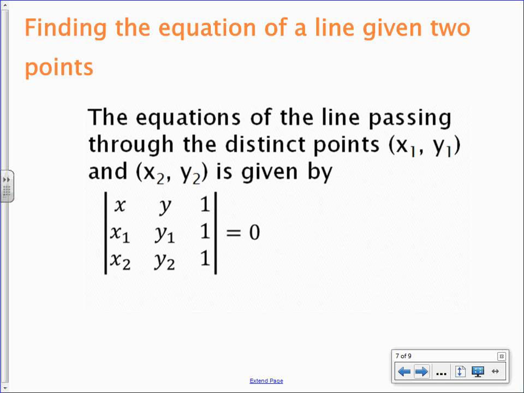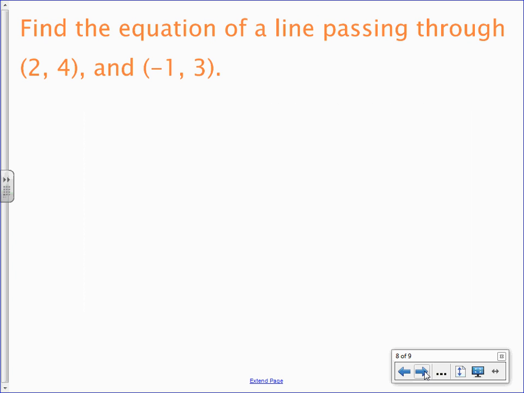Are you ready? Okay, last example. Yay. Okay, so I have a point 2, 4, and negative 1, 3. We are going to write the equation of the line using a matrix. I know all of you can do this with finding slope and whatnot. Okay, we're going to use a matrix though.